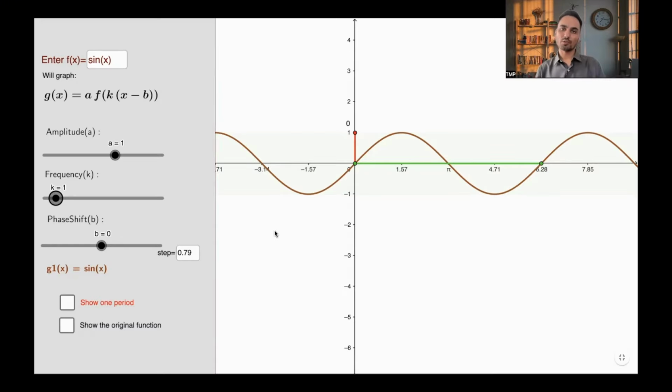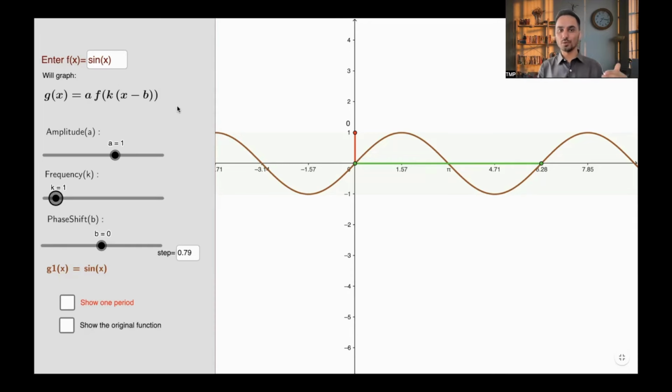To explain the transformation of trigonometric graphs, I'll be using sin x as the original function. Based on that, we will discuss all types of transformations. So here on screen, you see the graph of f(x) = sin x, and we want to graph g(x) = a f(k(x - b)), where a is called the amplitude, k is known as the frequency, and b gives you the horizontal phase shift.